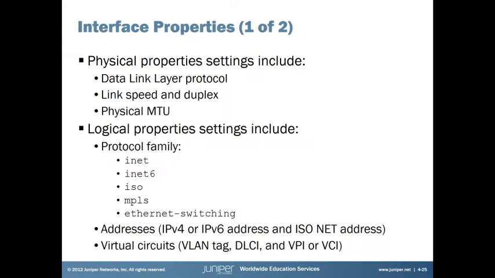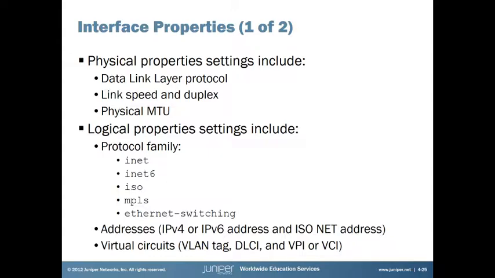Okay, so physical properties: we've got the data link layer protocol, the link speed and duplex, and the physical maximum transmission unit. There are physical properties and there are logical properties, like the protocol family: IPv4 (inet), IPv6 (inet6), ISO, MPLS, and Ethernet switching. So I can configure an interface to be just a switch port, Ethernet switching.